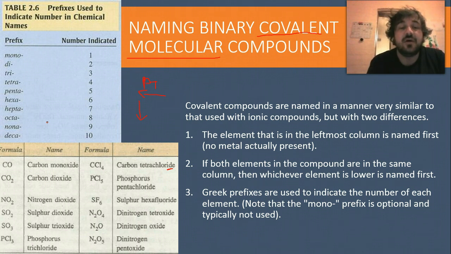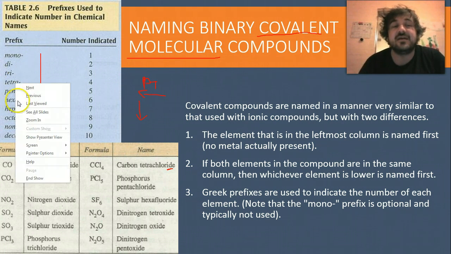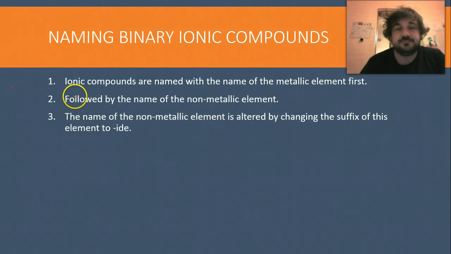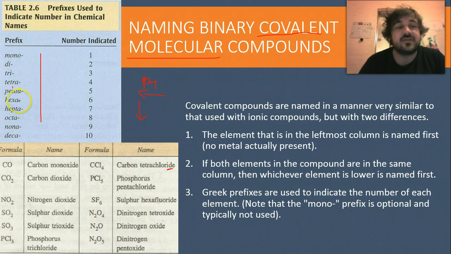At the beginning of both words, the first and the second, you put on the Greek prefix. If there's 2 of something, it's di. 3 of something, tri. 4, tetra, penta, hexa, hepta, and so forth all the way down. That's how that works.